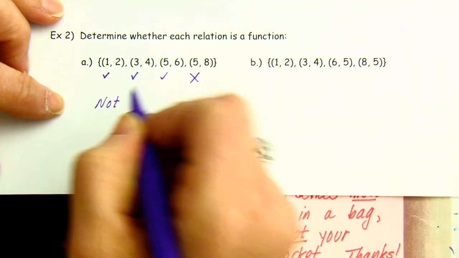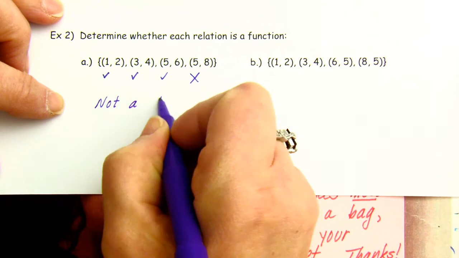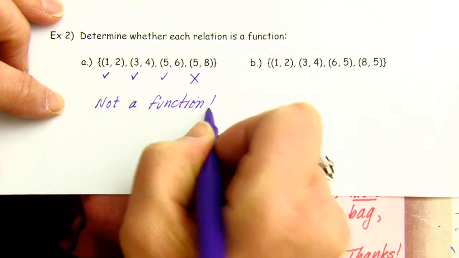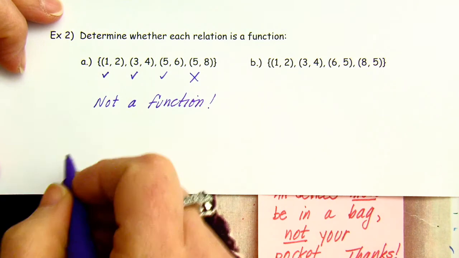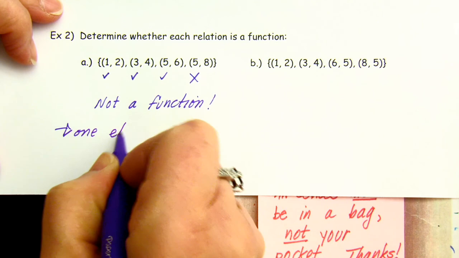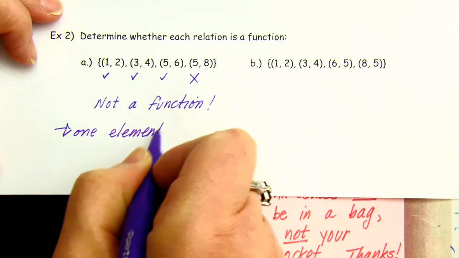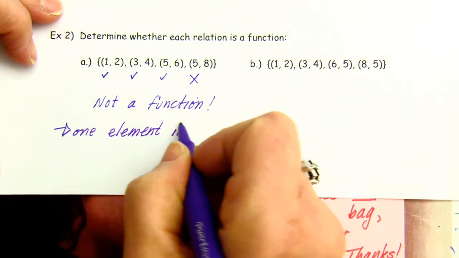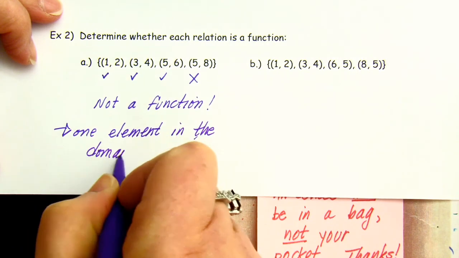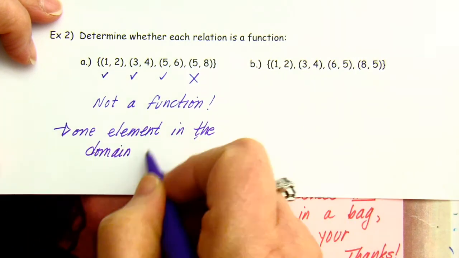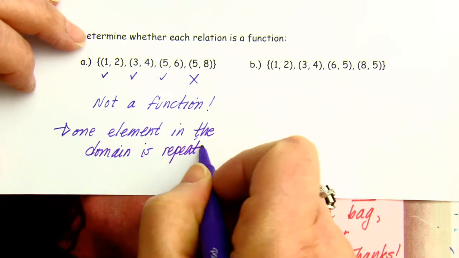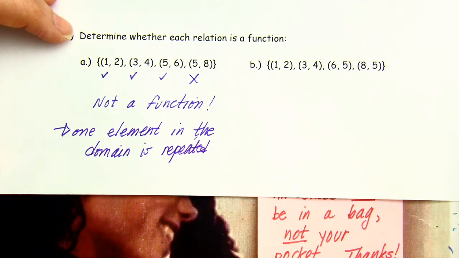You relation, you are not a function. Okay, one element in the domain is repeated. And when this happens, we do not have a function.